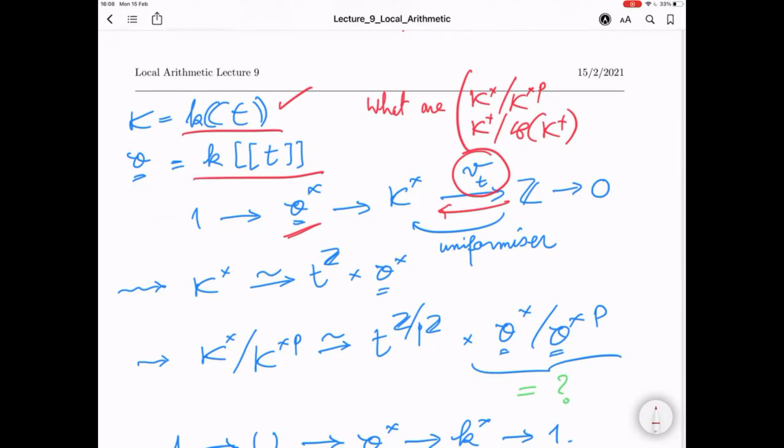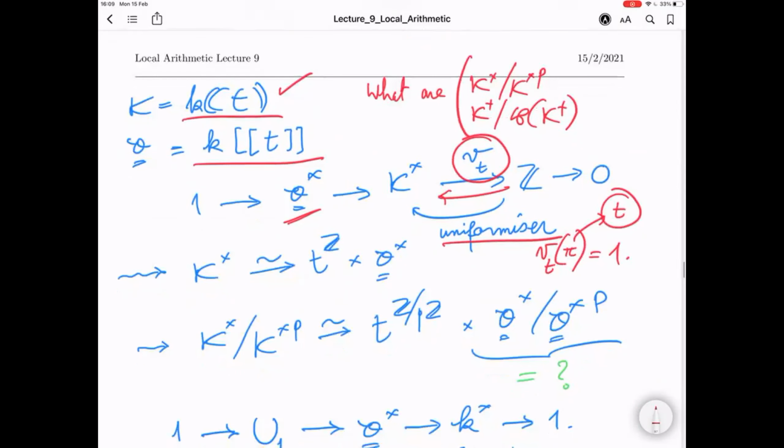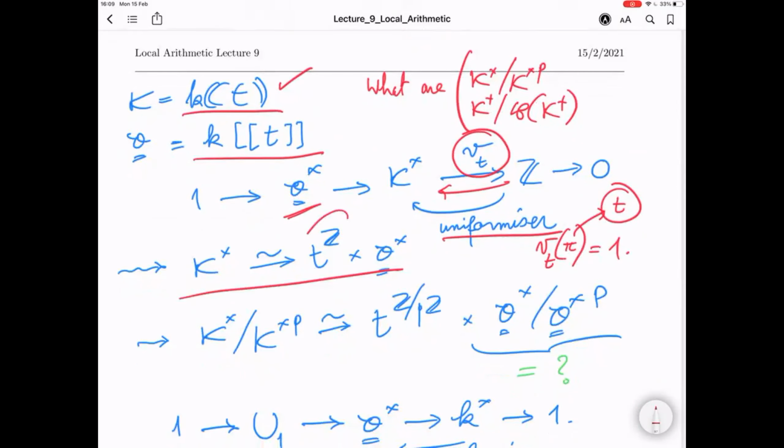A uniformizer is just an element which is of valuation 1. For example, you could take T itself as a uniformizer, right? And if you have chosen a uniformizer, then you can write K star as the subgroup generated by T. So it's infinite cyclic, and times O star, the units of this ring O.